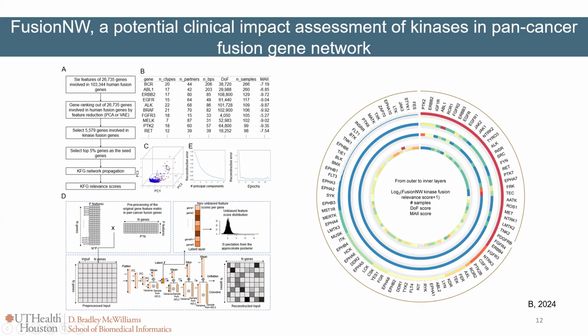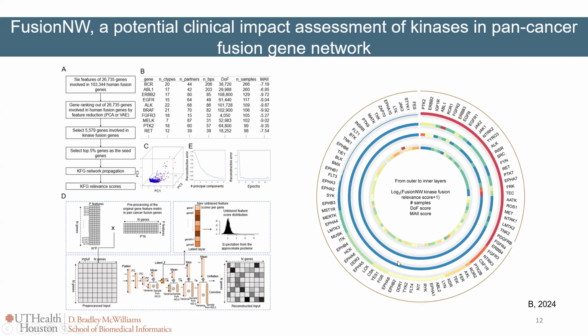Using the ranking based on this dimension reduction, we ran network propagation using those high-ranked genes as the seed genes. From there, we calculated the impact of each individual kinase on forming the pan-cancer fusion genes. And we made this kind of ranking.